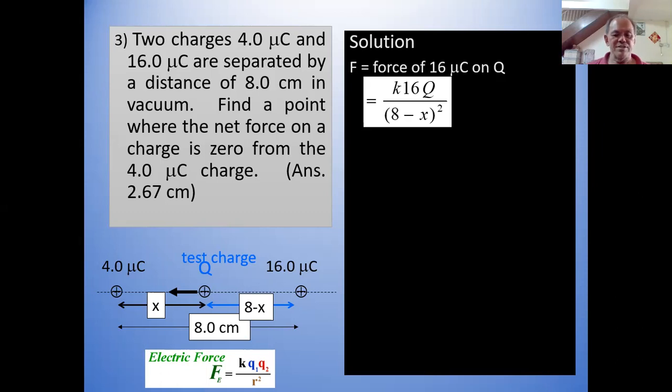Calculate the force due to the 16 coulomb charge on the test charge. That's how you calculate. Just use a constant K rather than 4 pi epsilon naught.